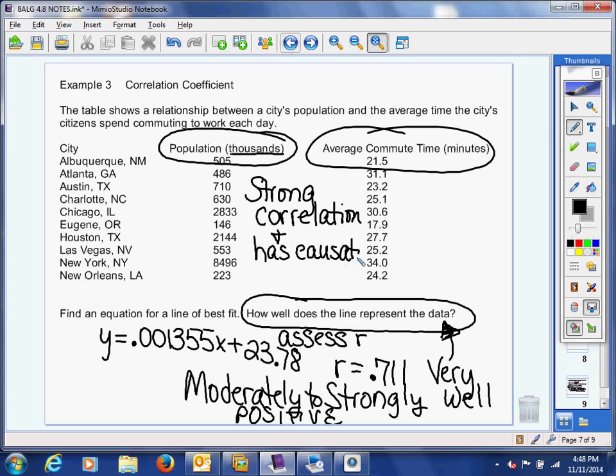And the reason why I can justify that is because the more people there are, the more cars, which is going to affect the time and minutes that they're sitting in traffic. So definitely, if there's not a lot of traffic, you're going to get through to your destination a lot faster than if there's lots of traffic and you have to wait on cars to get through.